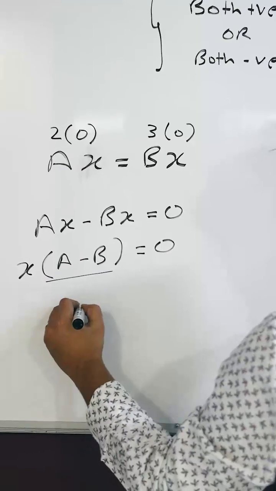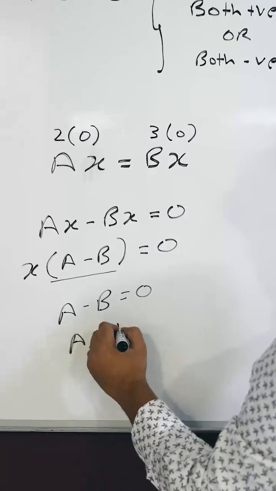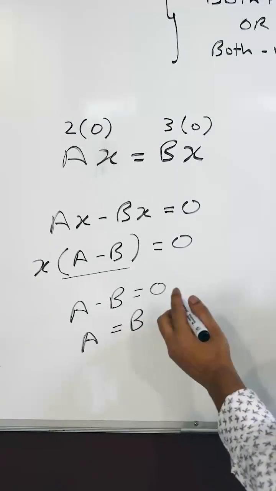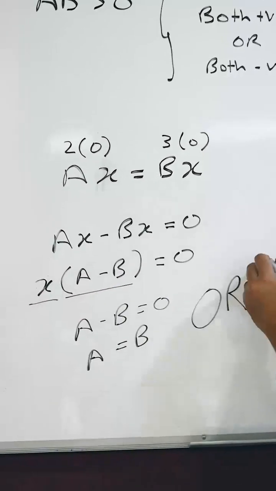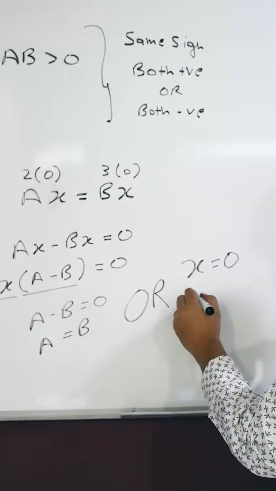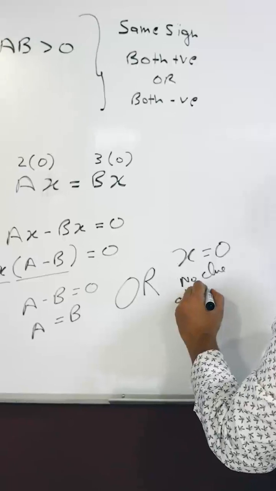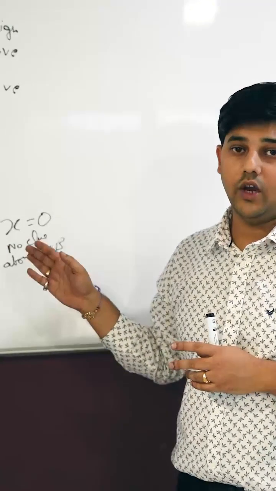Either A minus B is equal to 0, that will make A equal to B. So I am not denying the fact that A can be equal to B, but there is a big or in between. Or what could happen? X can be equal to 0. Now if X becomes equal to 0, I have no clue about A and B.